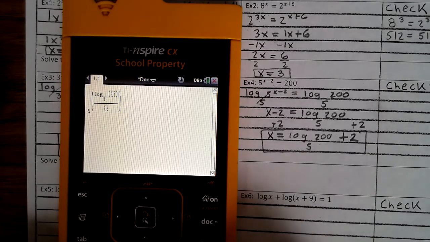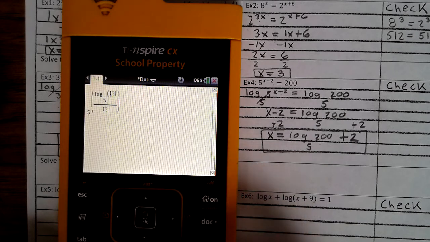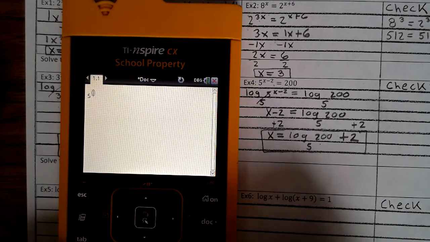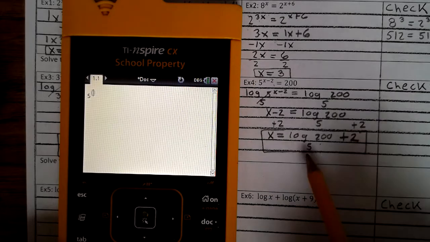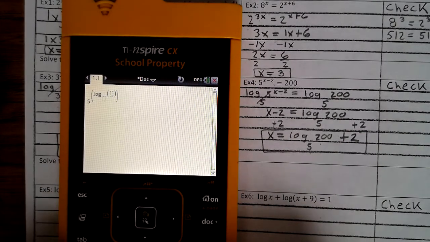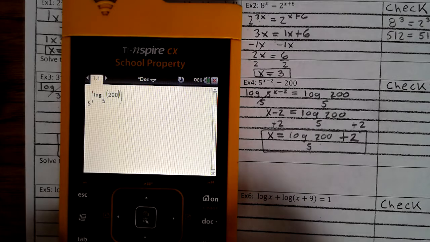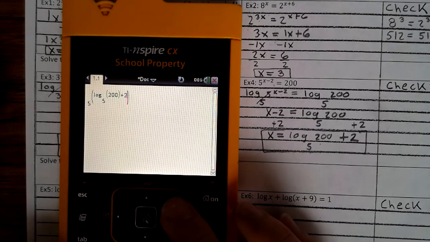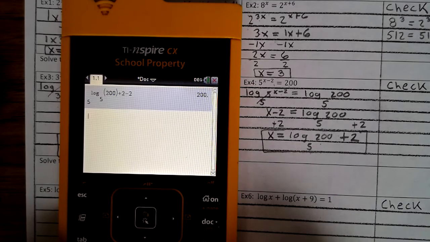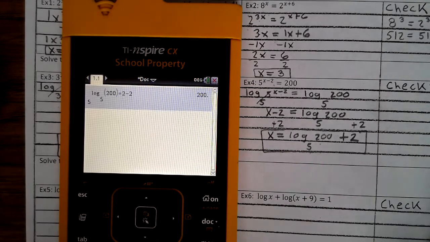Oh, actually, we don't need control divide, sorry. For some reason, I was thinking that was a divided by 5, but that's just base 5. So control log of 5, 200, plus 2, and then minus 2, we can see here is 200. So it checks. So 200 equals 200. So it checks.